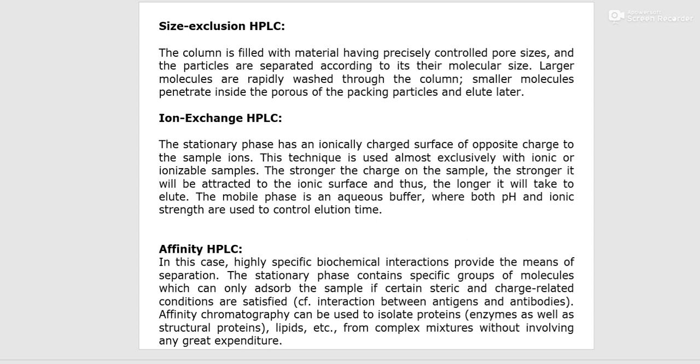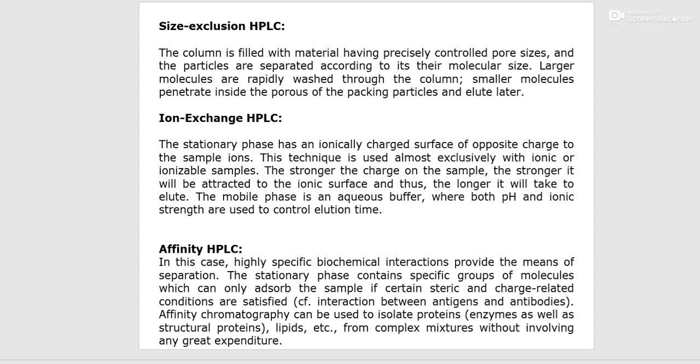Larger molecules are rapidly washed through the column because they are large in size, so they will not fit into the pores of stationary phase, so they will remain with mobile phase and will be eluted out from the column, while smaller molecules can penetrate inside the porous packing of stationary phase, so they will pass through multiple paths and elute later.